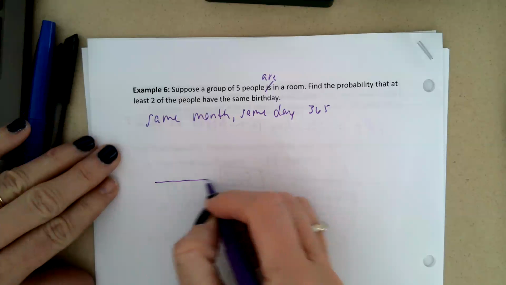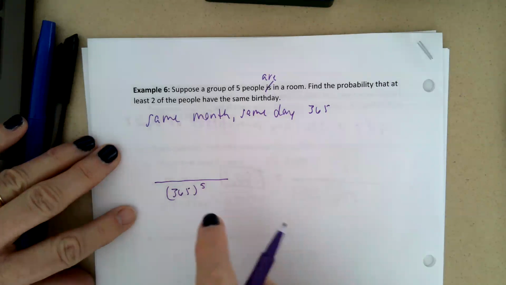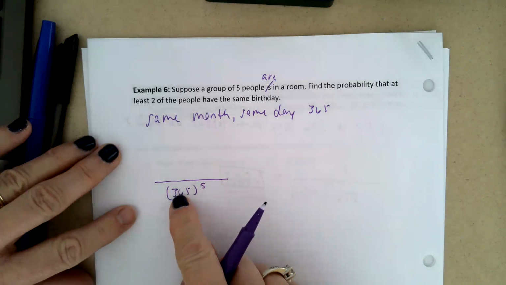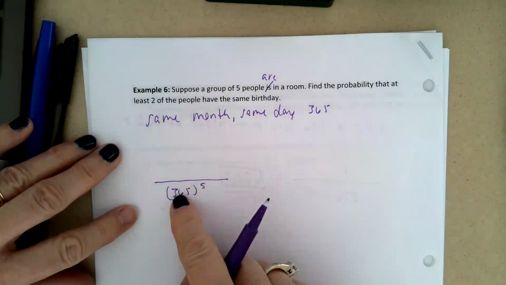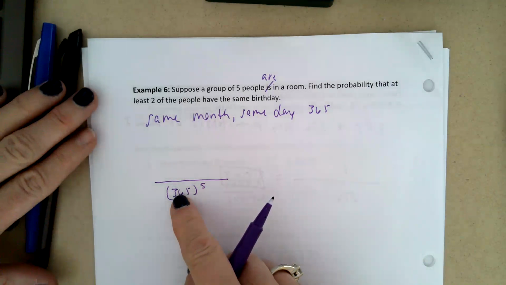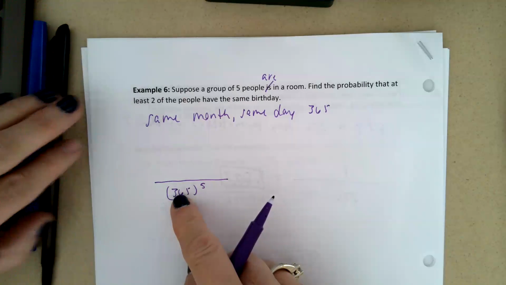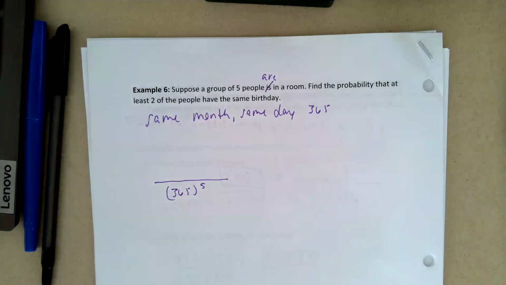So all the possibilities would be 365 to the 5th, because they all have to have that one same birthday. And then we want to choose, it says find the probability that at least 2 of the people have the same birthday. So that would be one pair.